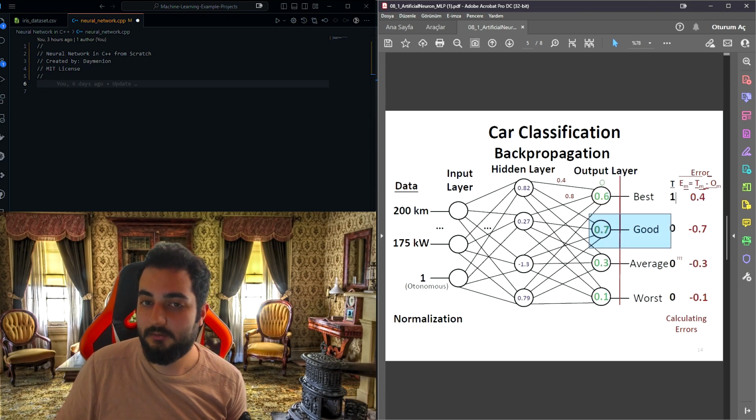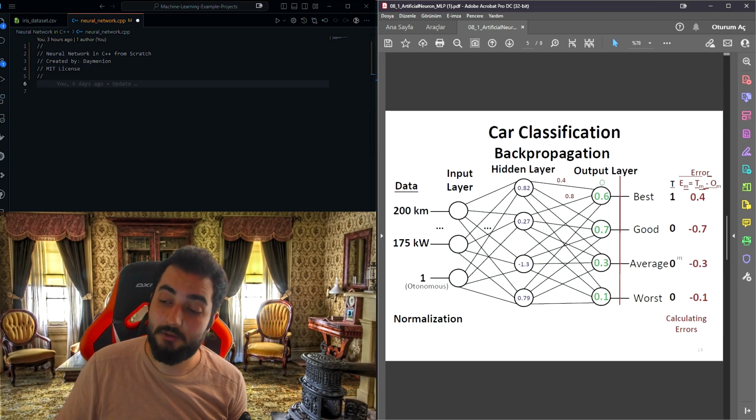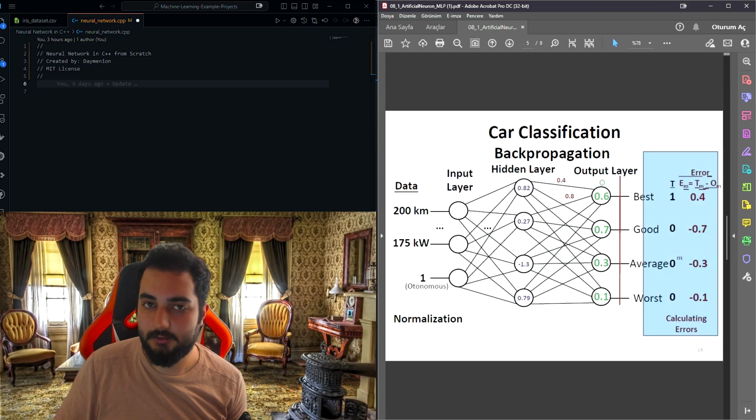For the second one, minus 0.7. The third one, minus 0.3. For the last one, minus 0.1. This is the error for the output layer.